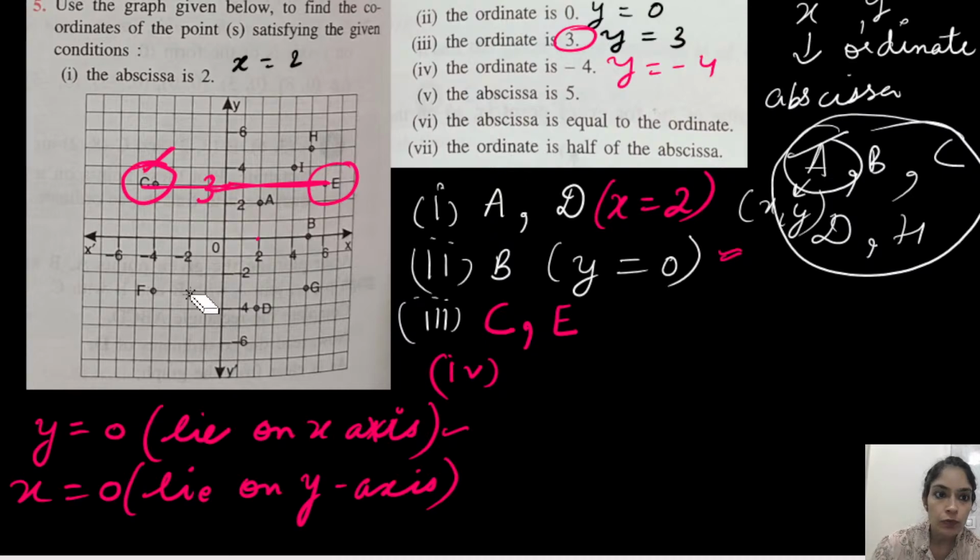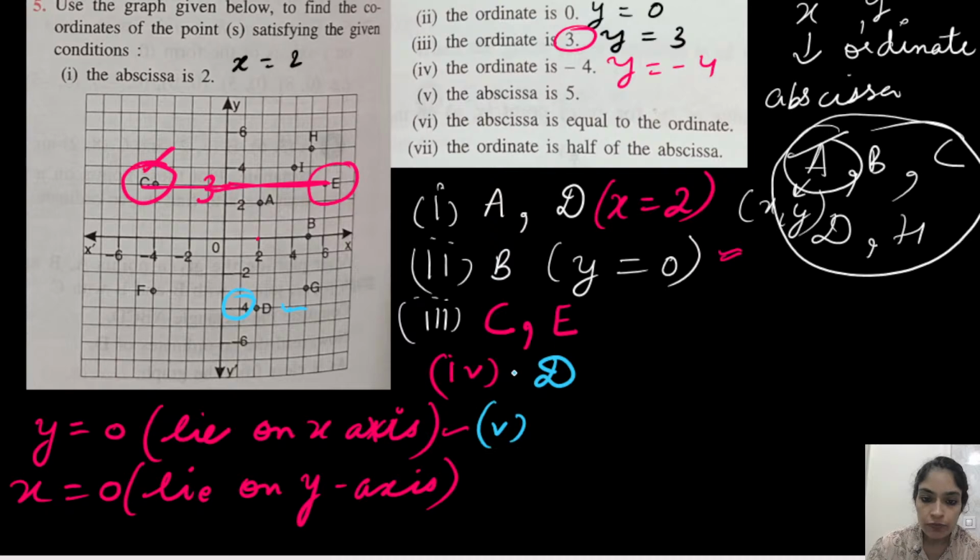So I'm highlighting -4 with a different color. Just opposite to -4 you see which point is there. Opposite to -4 is D. Yes, Saksham has given the answer. You just have to see the opposite point, which alphabet they have written. So opposite to -4, D is there. That's why the fourth one is D.